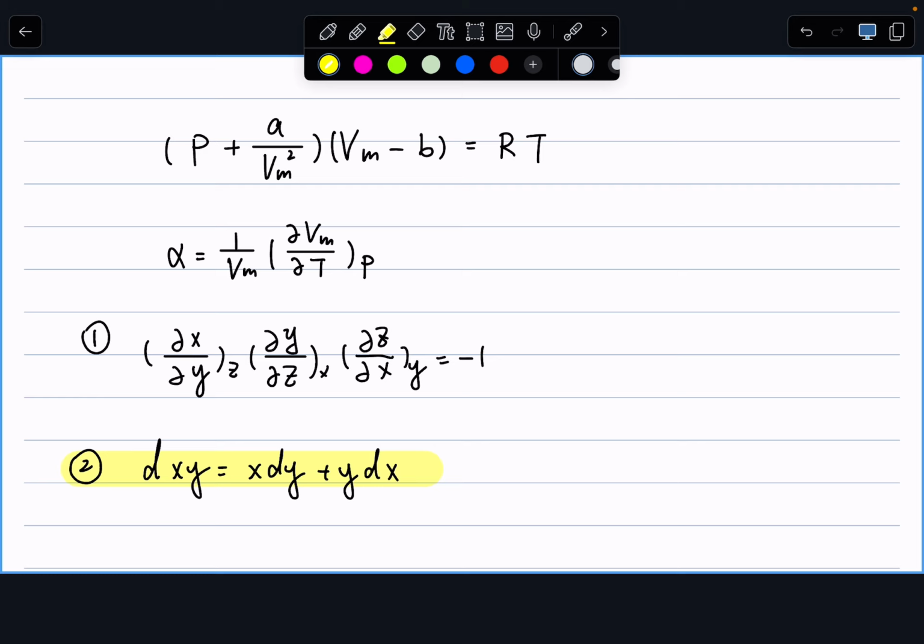But let's just look at this one. Let's call the first term x and the second term y. So my x equals p plus a over Vm squared, and my y equals Vm minus b, right?